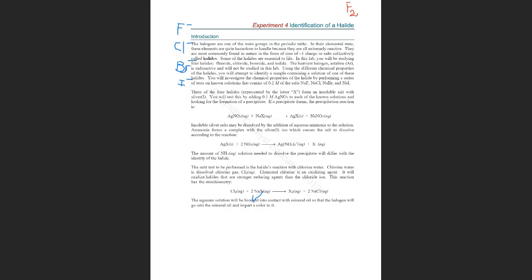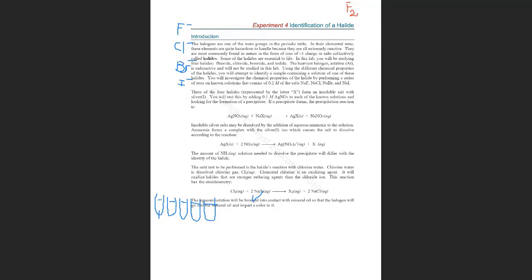What are you going to do? You are going to prepare 5 test tubes. 1, 2, 3, 4, and 5. What are you going to put in each test? You're going to label. In 1, you are going to have the solution of your halide.